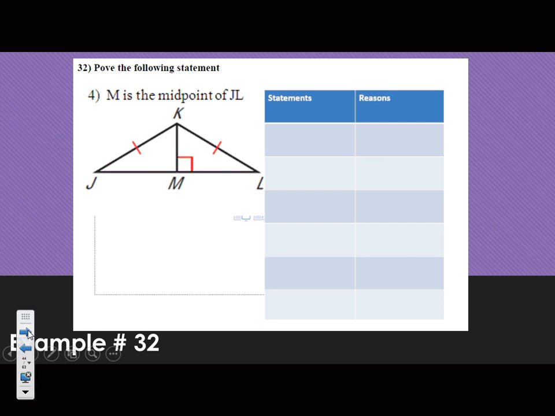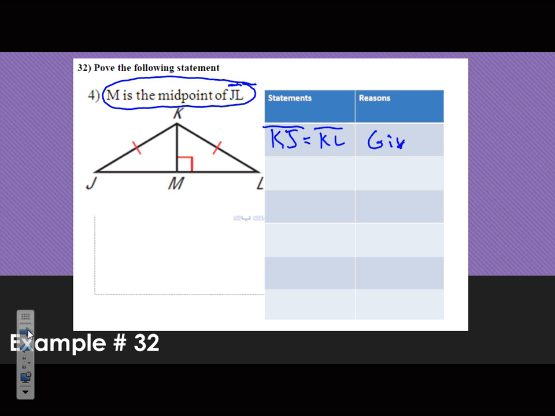All right, last example for the day. Now, this one is a little bit different at the end. We need to prove M is the midpoint of segment JL. So we'll start with our given. We know that KJ is congruent to segment KL. That's our given.